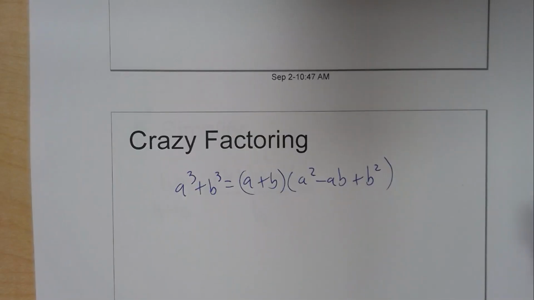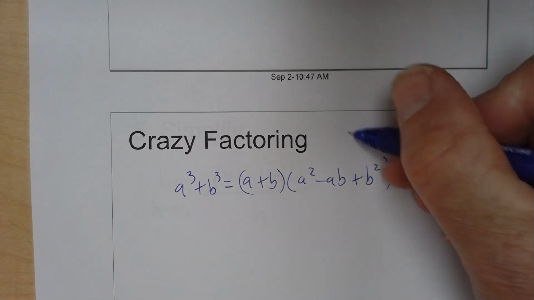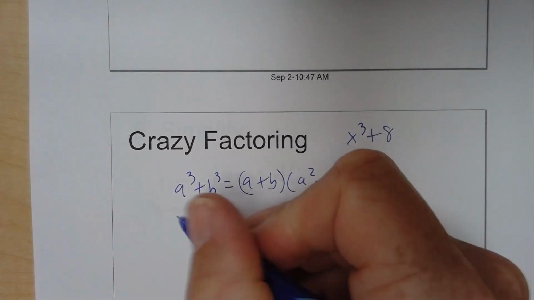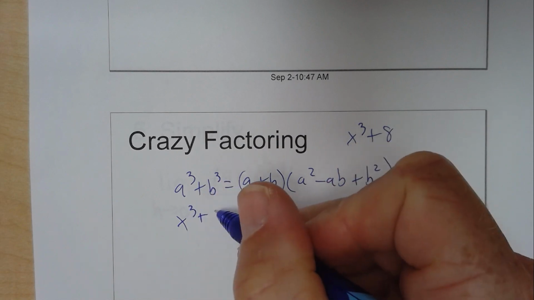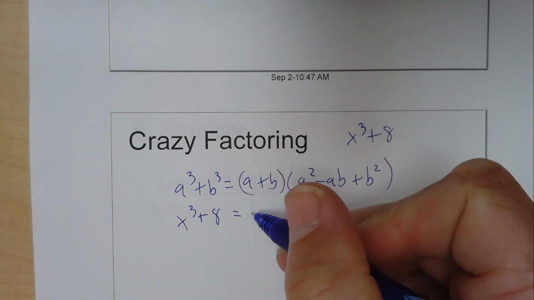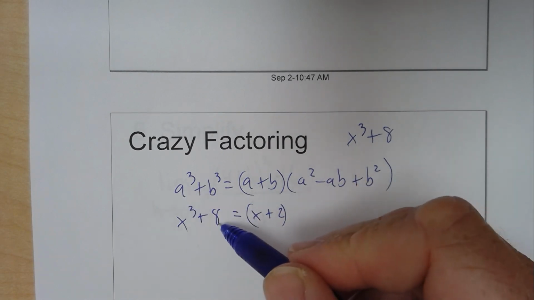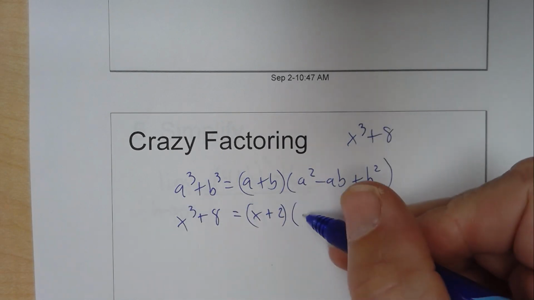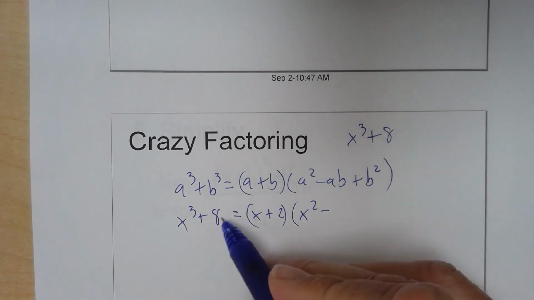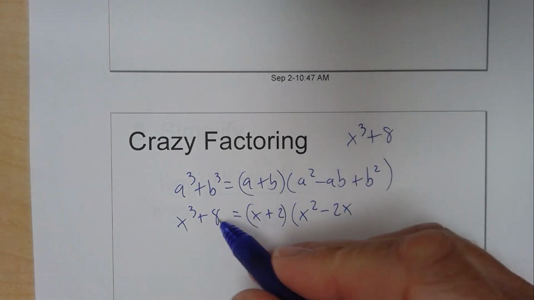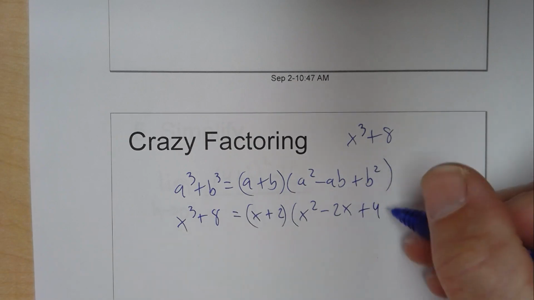So you've got to recognize something like x cubed plus 8. 8 is a perfect cube, and x cubed is a perfect cube. So x cubed plus 8 is equal to x plus 2, times x squared minus 2x plus 4.